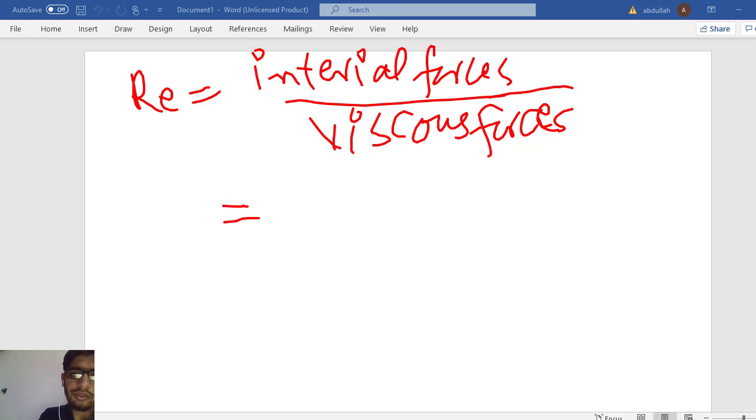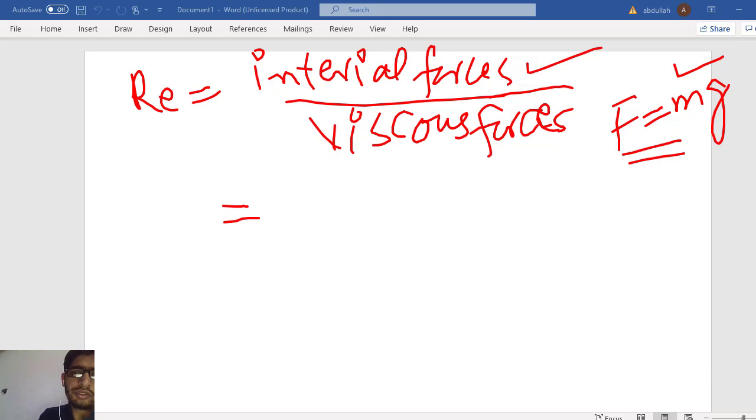Now inertial forces are the forces which occur due to the density, velocity and mass of the flow or mass of the body. Inertial forces usually occur due to the mass, or the acceleration due to gravity, or the density of the body.